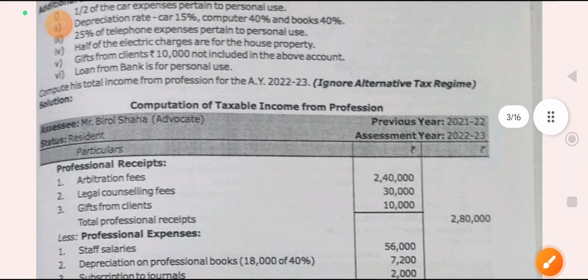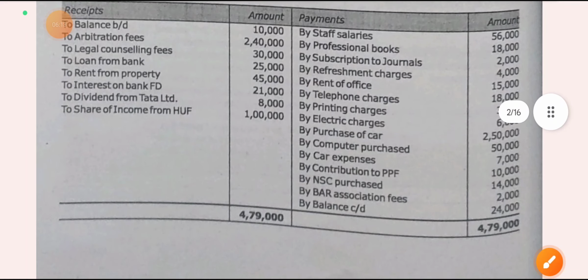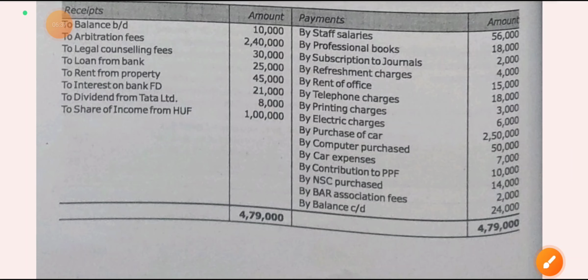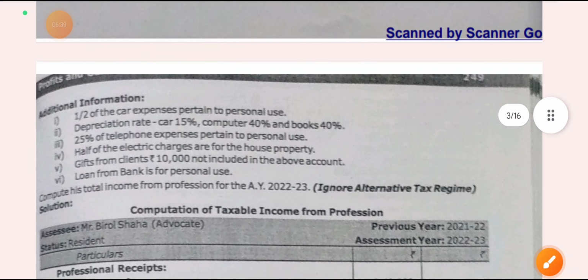If any interest is paid on the loan from bank, that should not be considered, because the loan is for personal purpose. But here it is not given, no problem at all, ignore that.